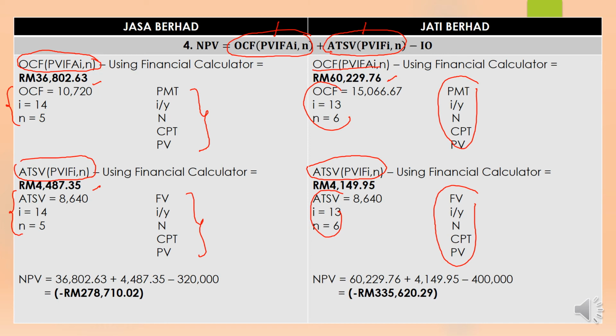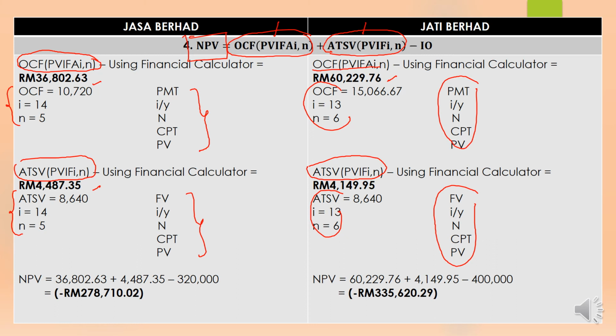And then after you calculate OCF, PVIFA, IN and also ATSV, PVIF, IN, next you can calculate the NPV, because based on the formula of NPV, you calculate it for both Jasa Berhad and Jati Berhad by adding the amounts of OCF, PVIFA plus SV plus ATSV, PVIF minus the IO.